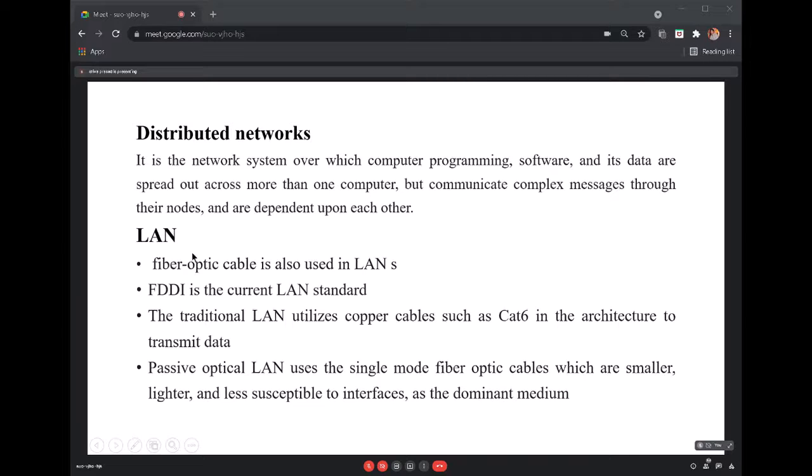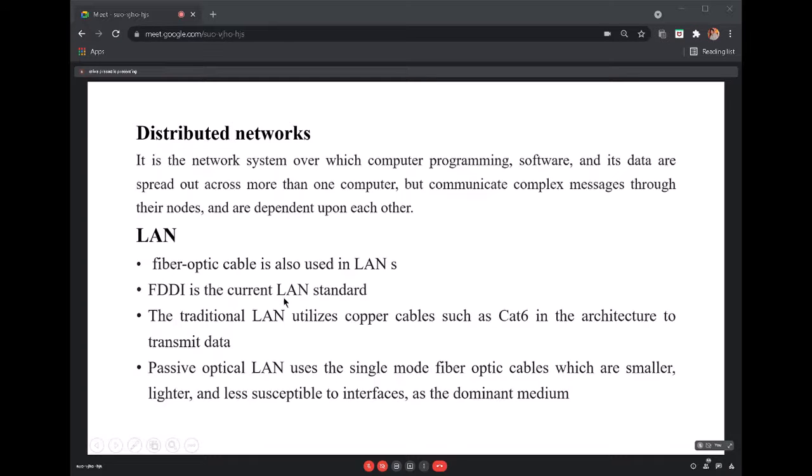Yeah, next comes the topic of LAN. This fiber optic cable is also used in your LANs. For example, you have seen FTTH, fiber to the home. Fiber distributed data interface is the current LAN standard. Earlier, LAN used copper cables, Cat6, Cat4 cables, in the architecture to transmit data.